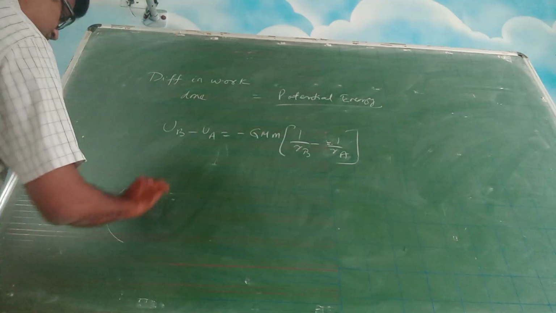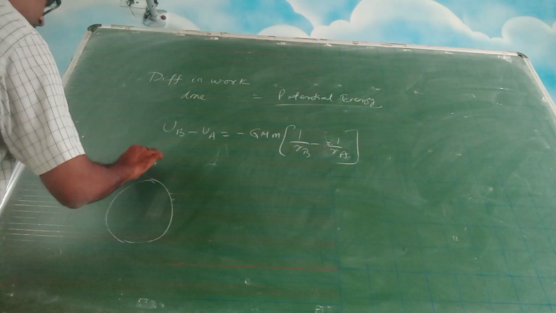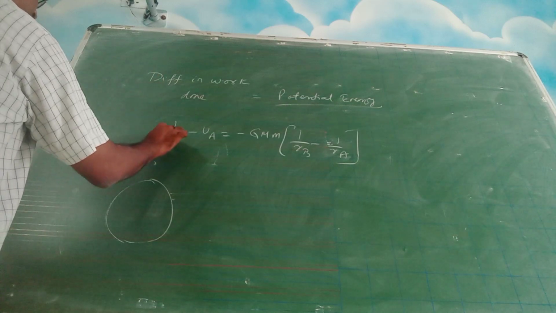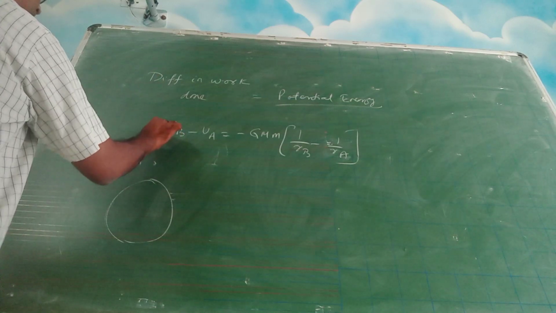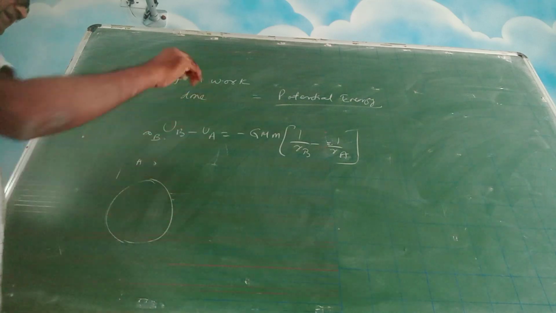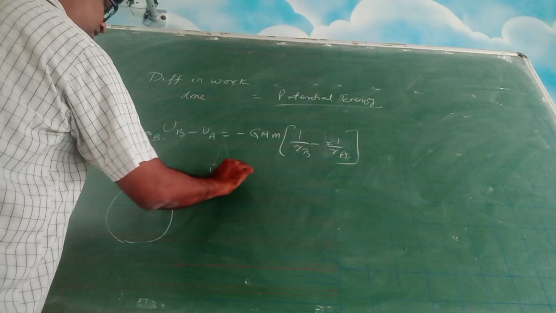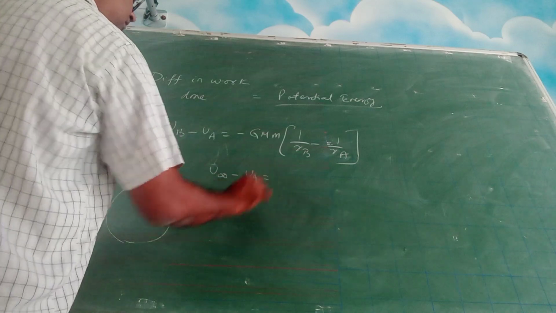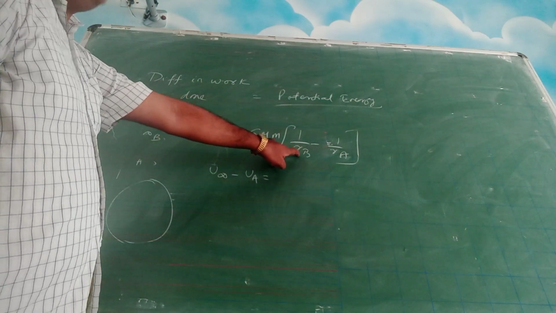Now this is your earth, this is your location A, and very far off, let us say at infinity, is location B. So if you put it at infinity, U infinity minus Ua is equal to, this term will become 0.